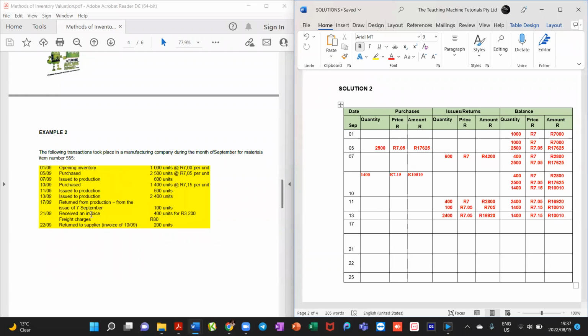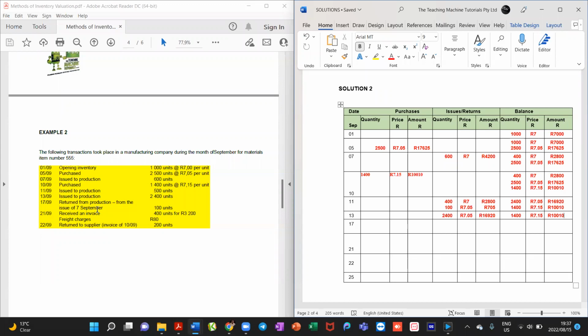On the 17th of September, it says returned from production from the issue of 7th September. So guys, this is important. Now, it does not say returned to the supplier, but it is returned from production.